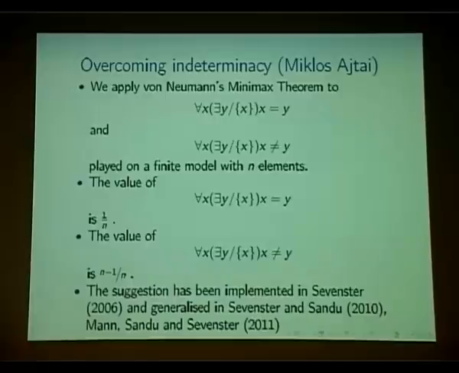So we let the value of, for instance, for all x there is a y independent of x such that x equals y, be 1 divided by n. That is given by von Neumann's minimax theorem. Similarly, for the inverted matching pennies, it is given by n minus 1 divided by n.